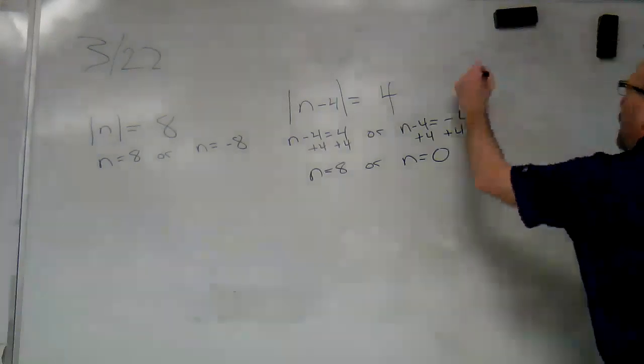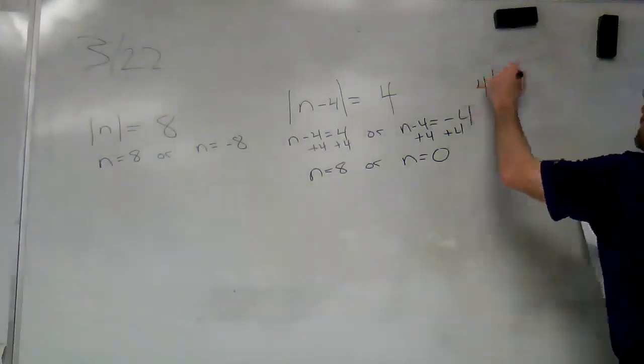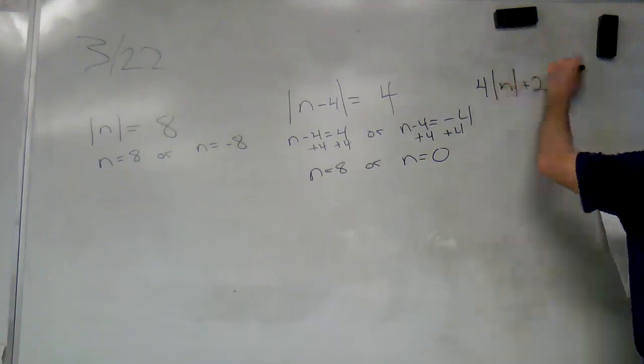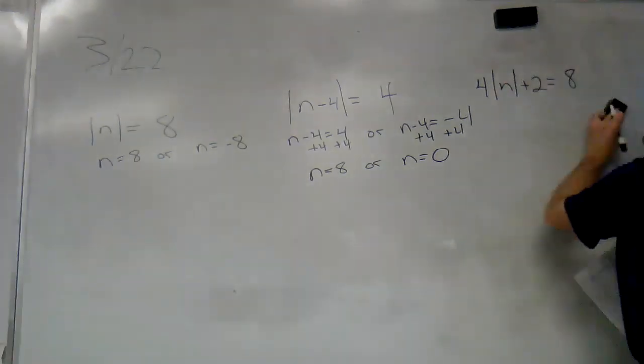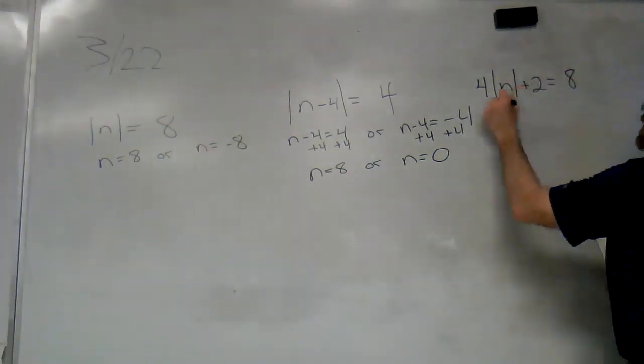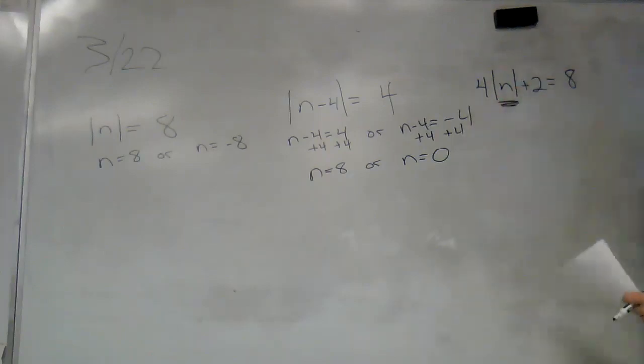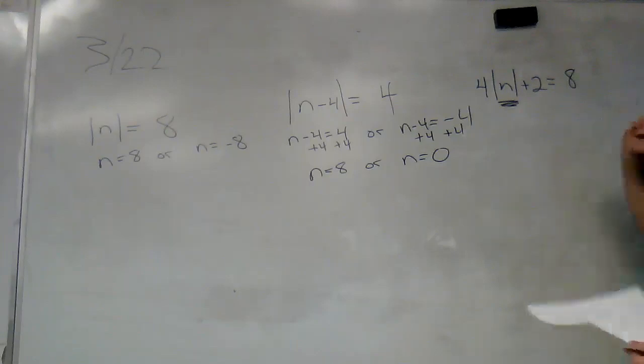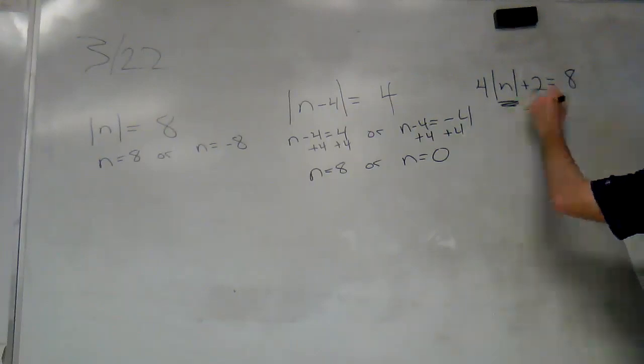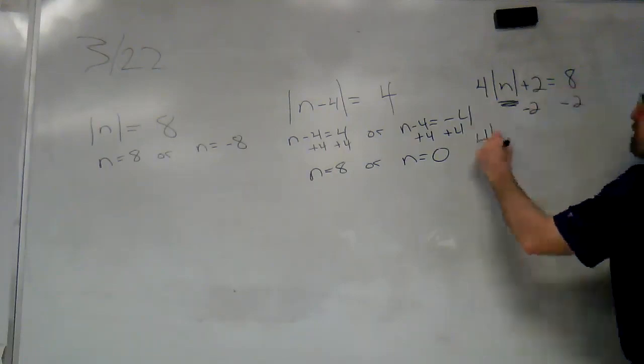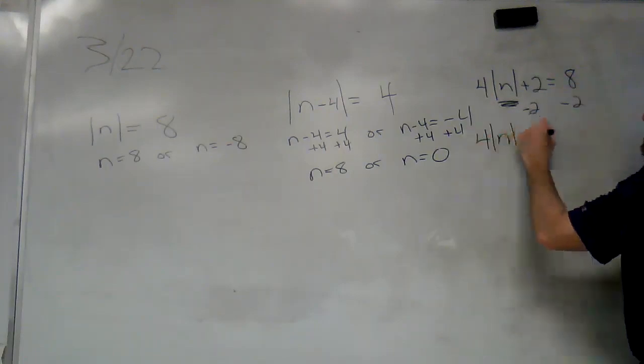Let's do one more like that. So on one like this, we want to get this absolute value by itself. So if the absolute value wasn't there, the first thing we would do would be subtract 2. So we subtract 2. 4 times the absolute value of n equals 6.